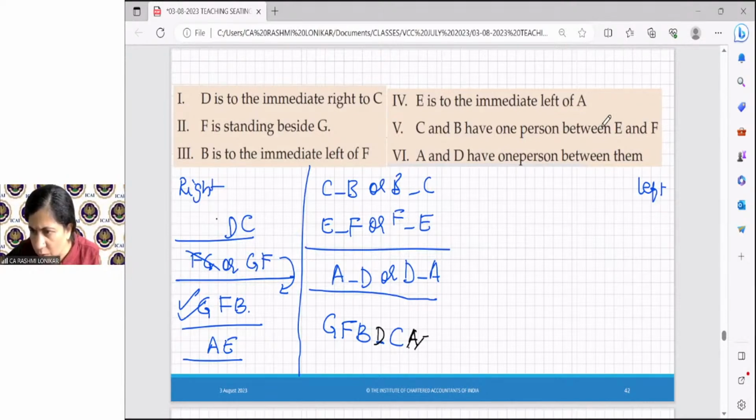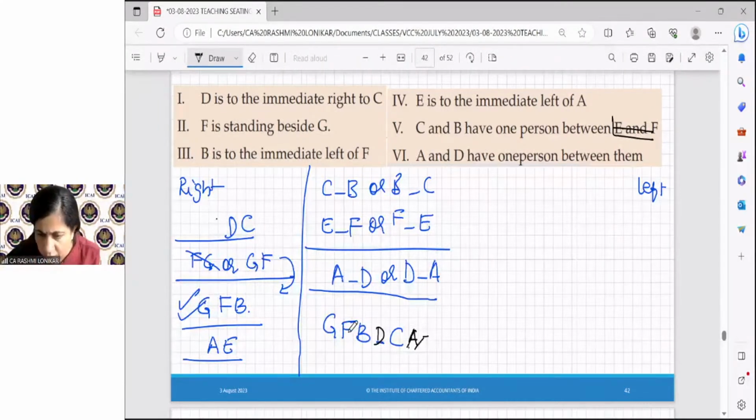One person between them. Okay, let me not think of this. So A and B have one person. G, F, B, D, C, A. And now what is the relation? Here, A and E. 1, 2, 3, 4, 5, 6, 7.